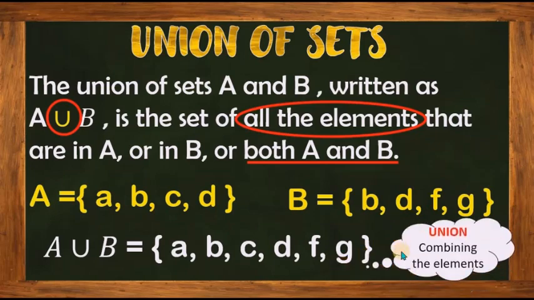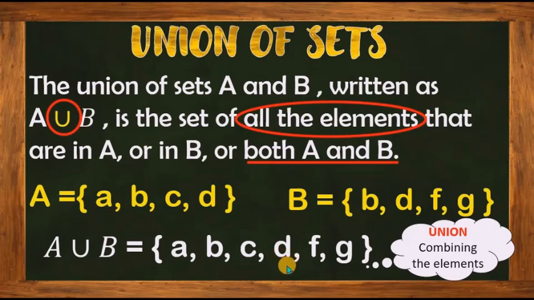Now, take note, if you are writing a set, the elements should not be repeated. That's why, if you observe here, set A and set B both have B and D, right? So if I'm going to write the union here, I'm not going to write B twice and I'm not going to write D twice, because in writing a set, the elements should not be repeated.